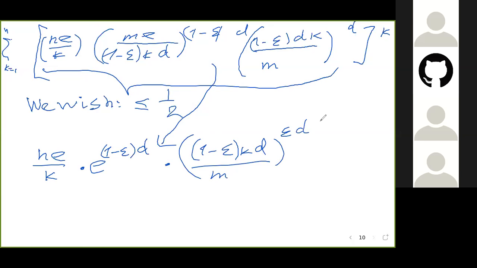And now we can choose the parameters. So choose, say, epsilon 1/4, choose d, say 5, and then we see that this becomes 5, and so k is raised to the power of 5 here, 5/4 here, and here to the power of only 1.